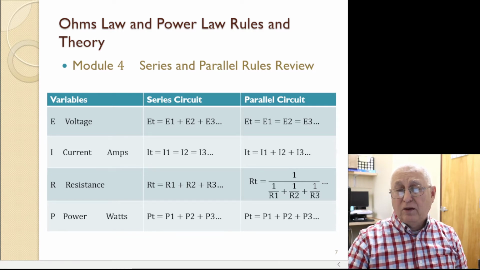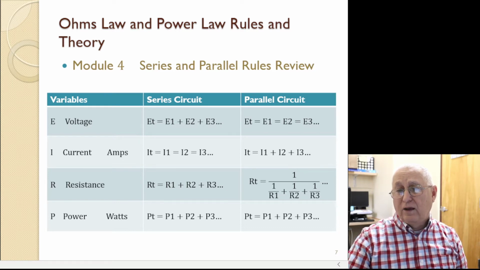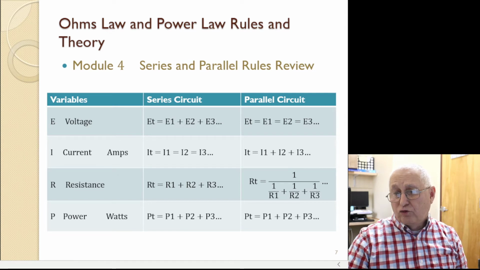It's the opposite in the series circuit. Series circuit, current is the same everywhere. IT is the same as at I1, as at I2, as at I3, and then our total current in a parallel circuit is the summation of all the currents. I1 plus I2 plus I3 equals IT.